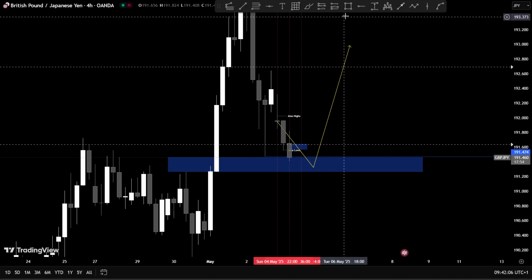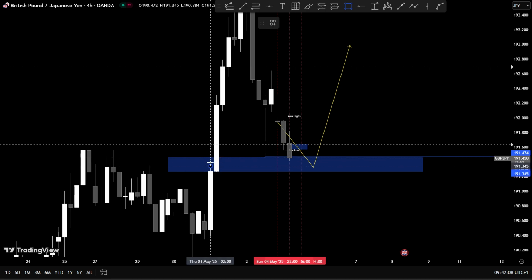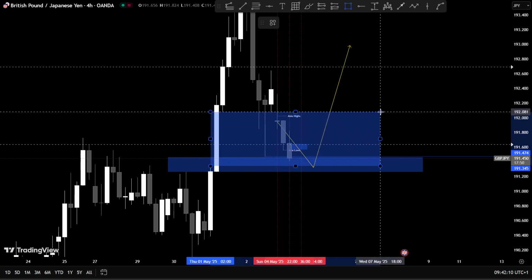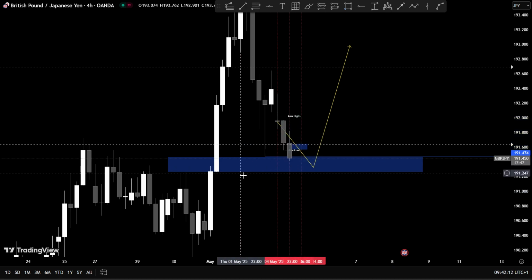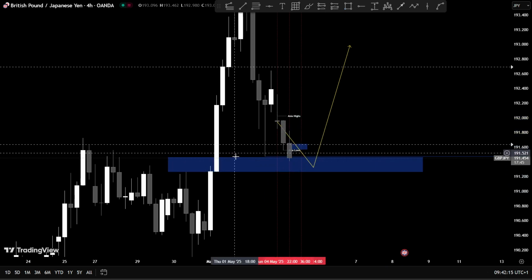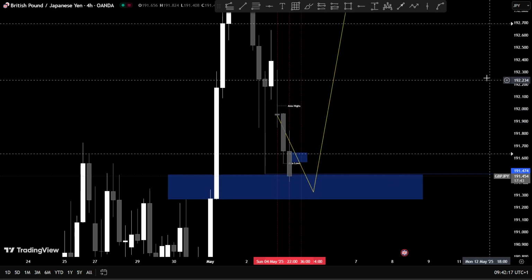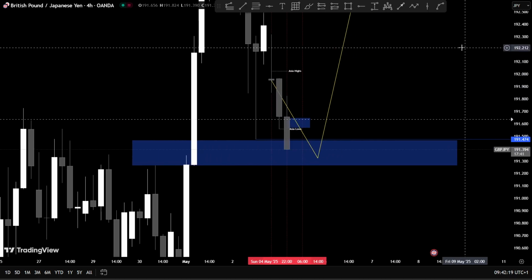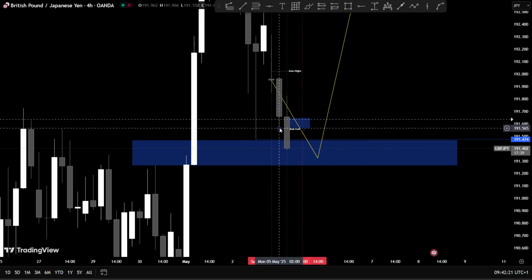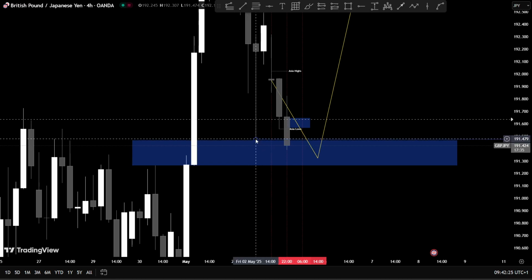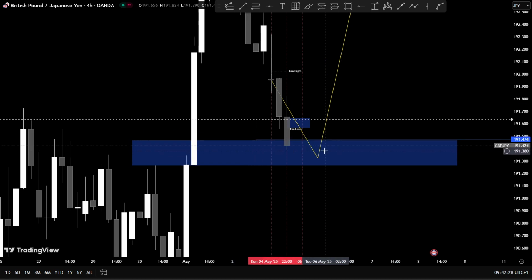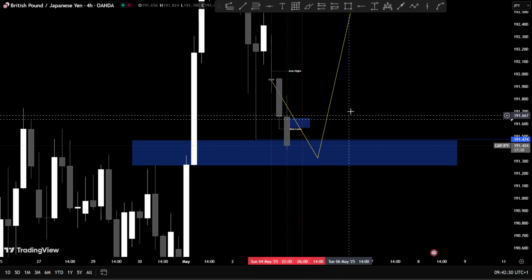What do we have right here on the 4-hour? We have this big 4-hour fair value gap, combined with the daily fair value gap sitting right here. And now on GJ, price came down, took out these 4-hour lows, these Asian session lows, and it's now pushing towards the daily fair value gap.